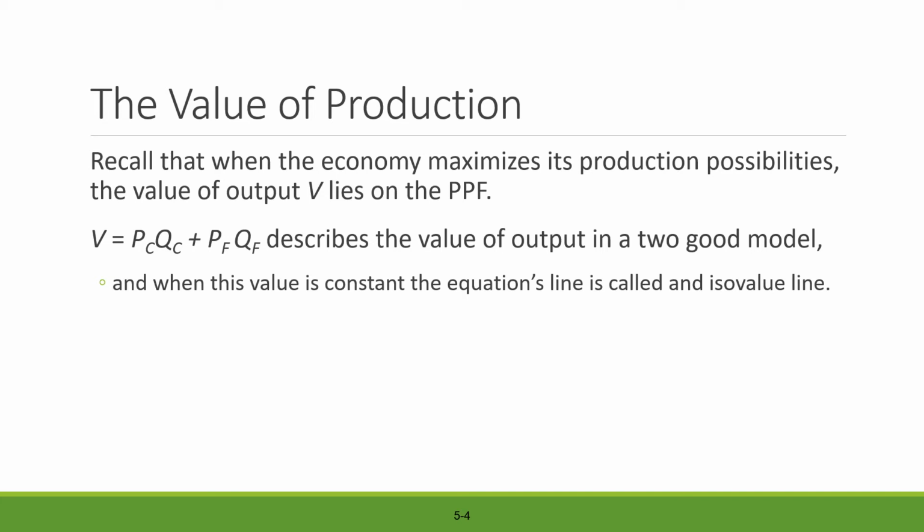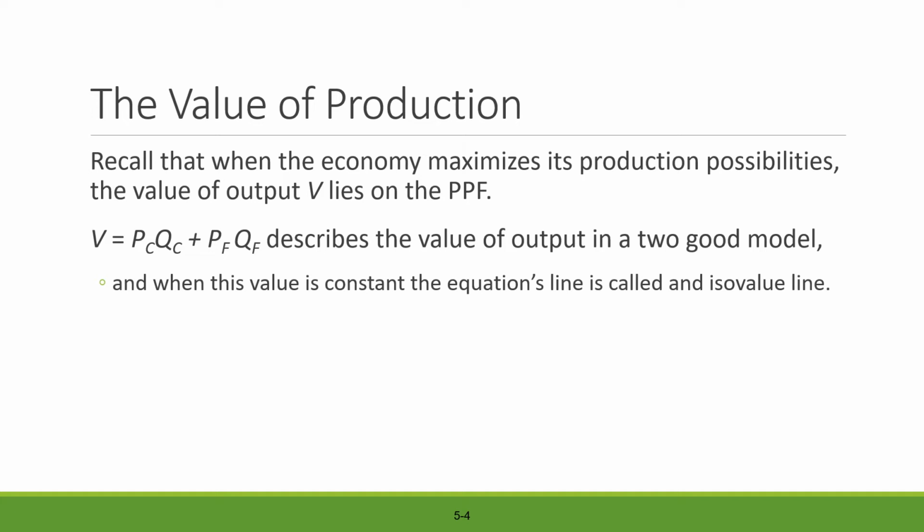For the iso value line, any change in PF and PC is not possible, because that will change the slope of the iso value line. If we increase PC as compared to PF, then the slope of the iso value line will change. But if we want to increase QC, what will happen? We will have to reduce QF to keep the value the same.